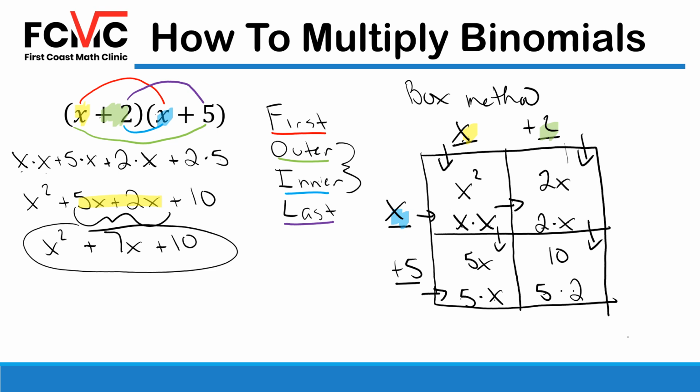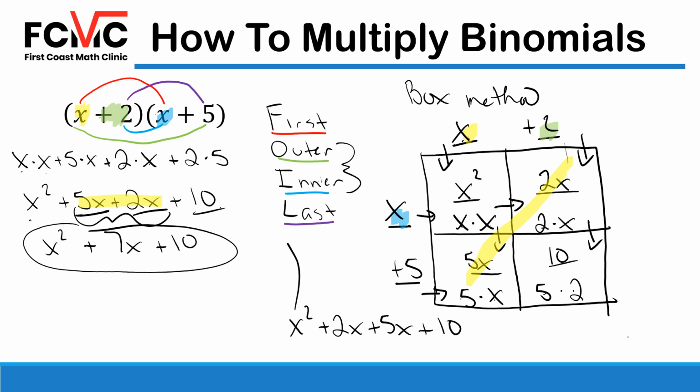And you notice we've got the same values: x squared, 2x, 5x, and 10 as we did when we FOILed. And our like terms are going to be the diagonal values here and here, so that 5x and 2x. So let me write out our terms. We've got x squared plus 2x plus 5x plus 10.